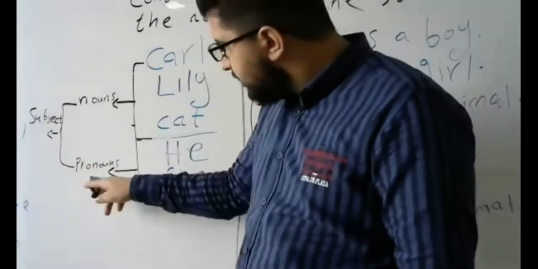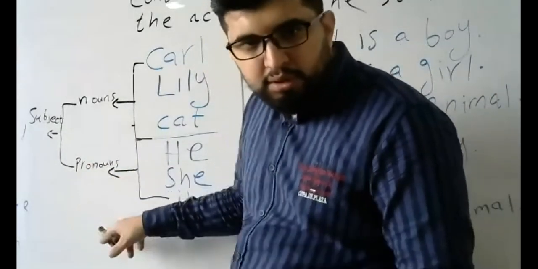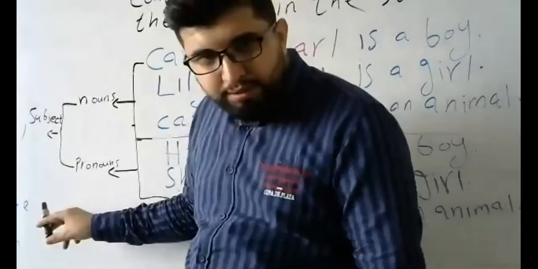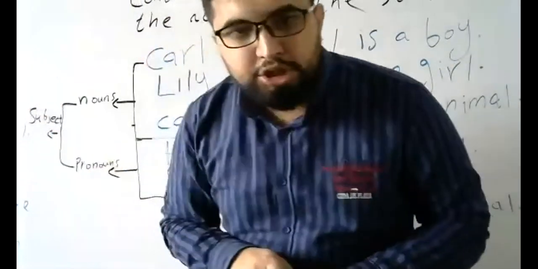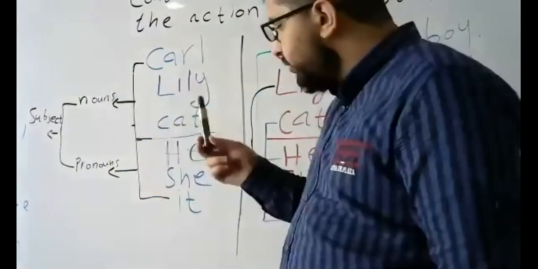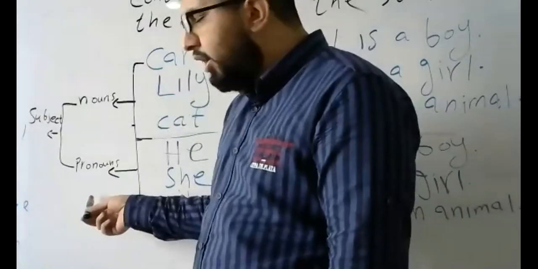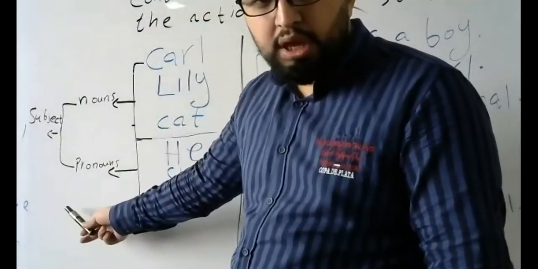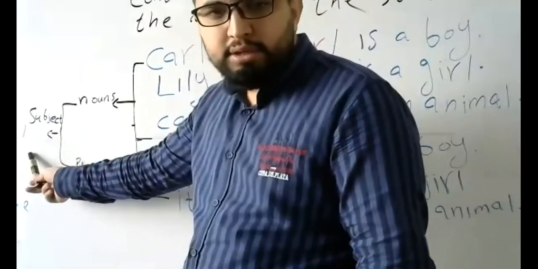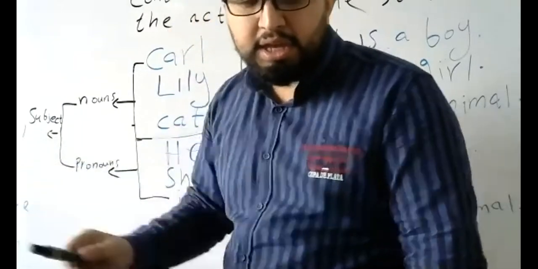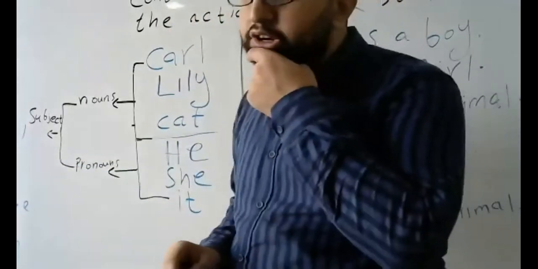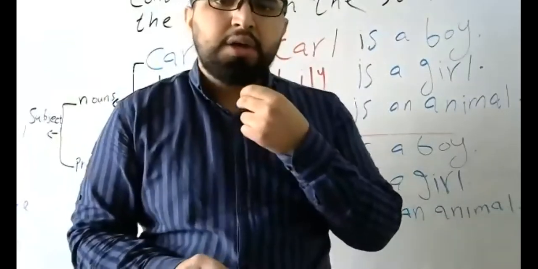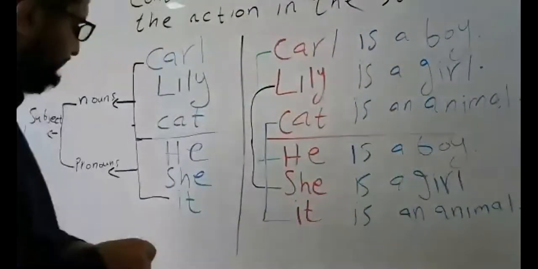She is a pronoun. And what is a pronoun? It is a subject. So you would say, she is a pronoun, and it will make it subject, okay? So it is the subject of the sentence.